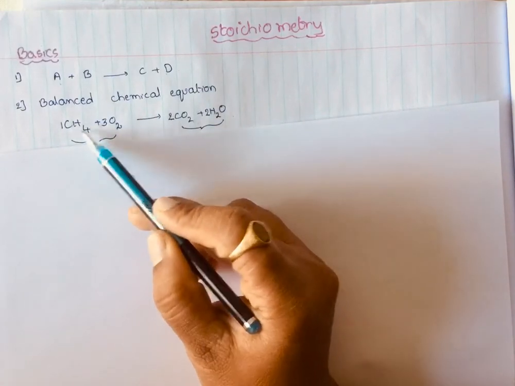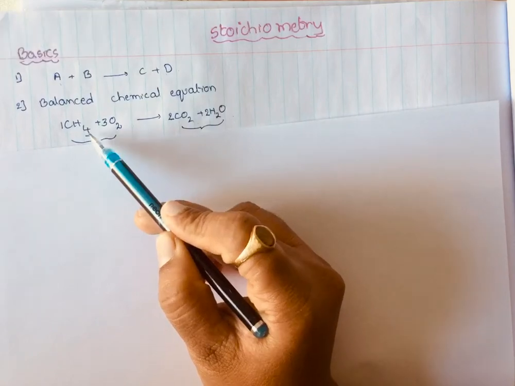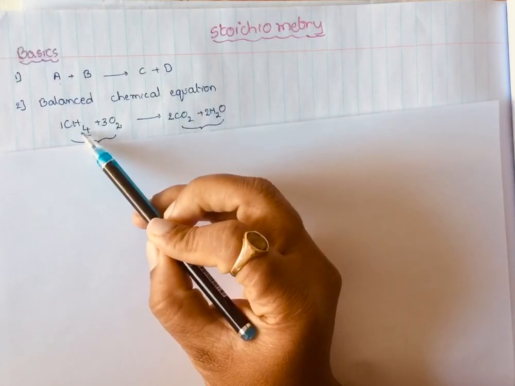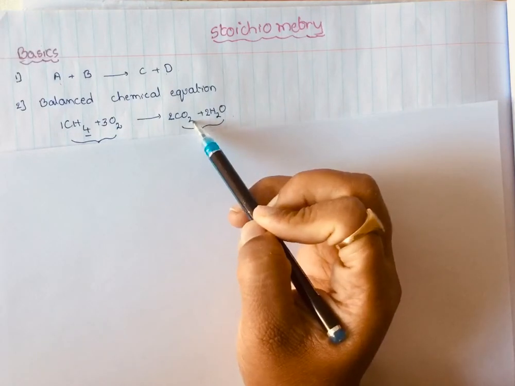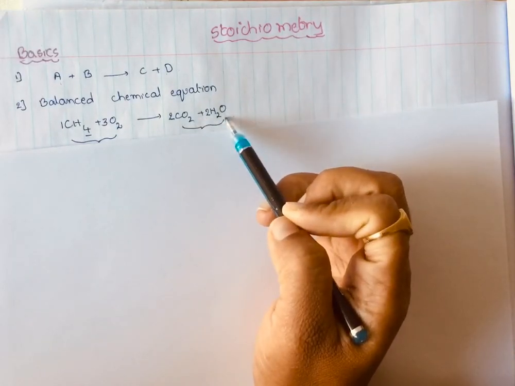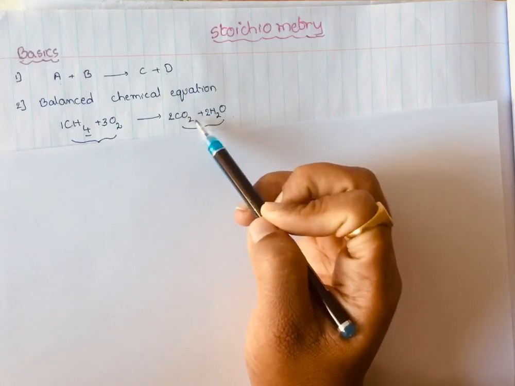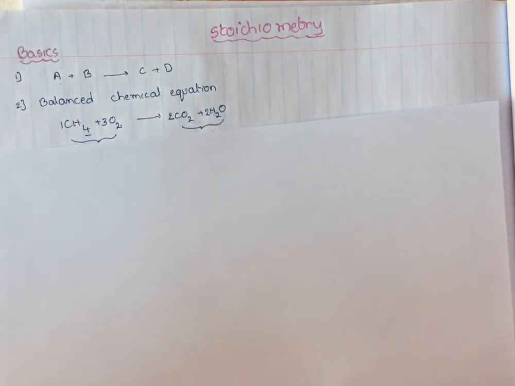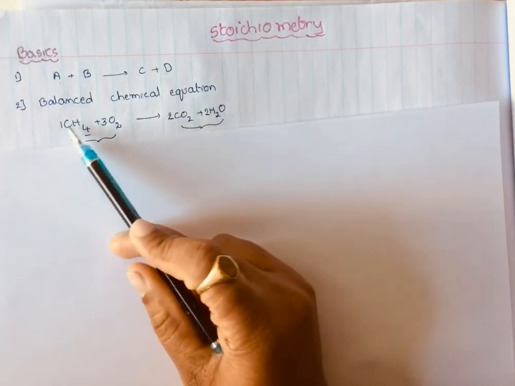For example, in methane, 1 carbon and 4 hydrogens are there. But in this reaction, 1 mole of methane is reacting with 3 moles of oxygen, resulting in 2 moles of carbon dioxide and 2 moles of water. If I take only carbon dioxide, there is 1 carbon atom and 2 oxygen atoms in it. That's the difference between the numbers written in this equation.